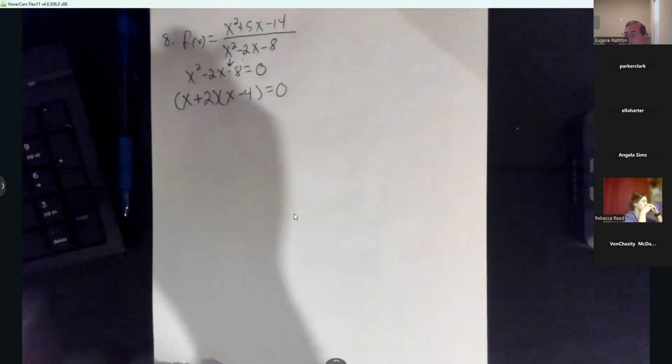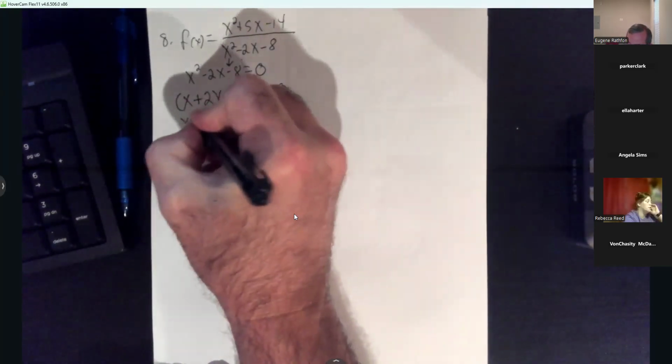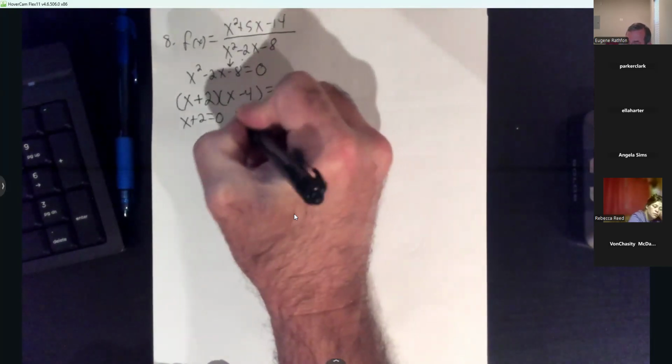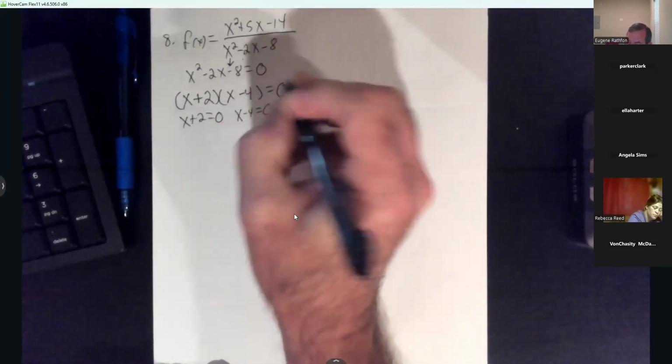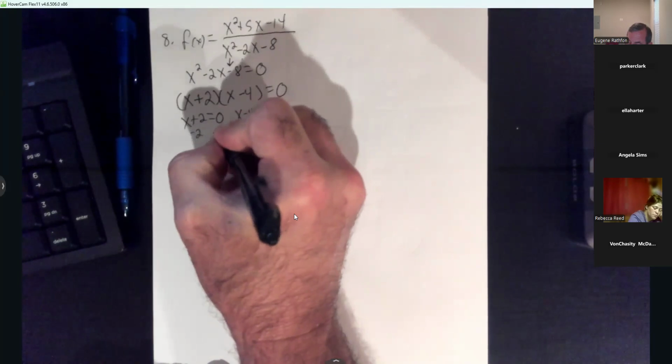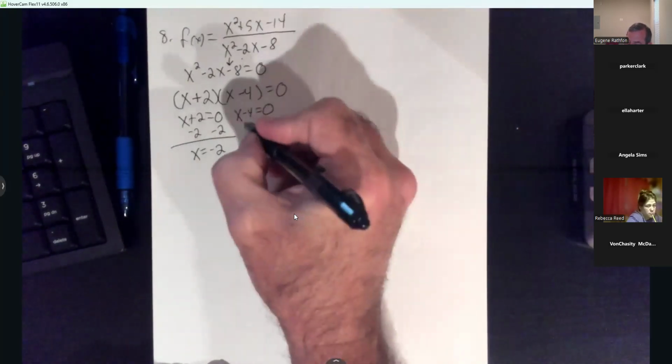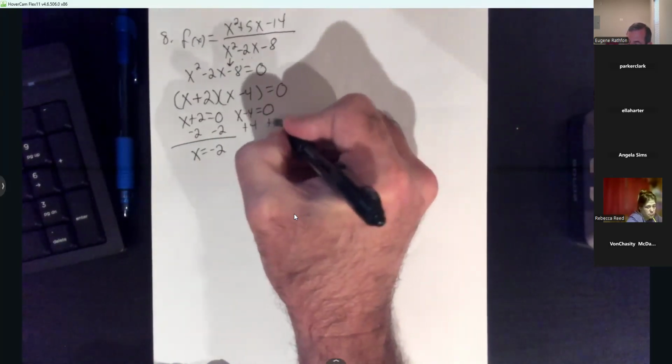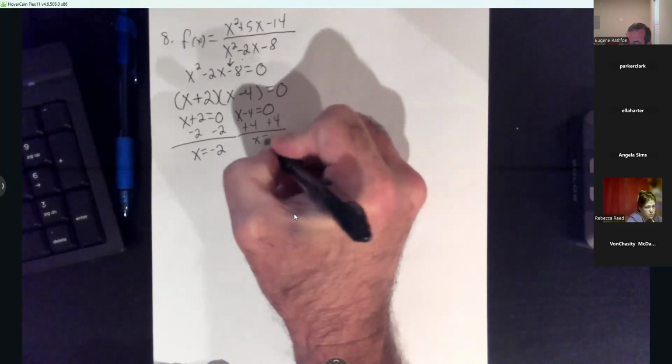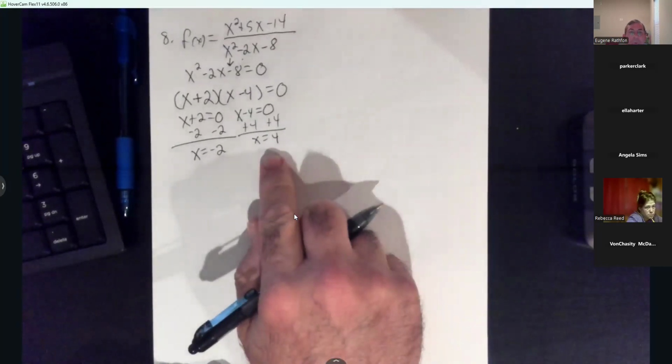All right, so we're factored now. Set both of these factors equal to 0 and get our final answers. So here I'm going to subtract 2 and get x is -2. And this one I'll add 4 and get x is +4.